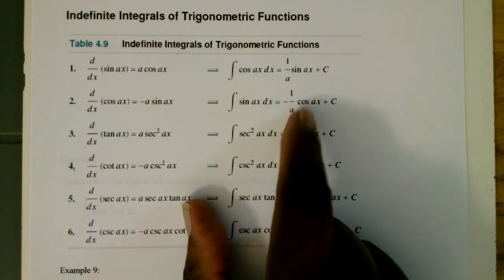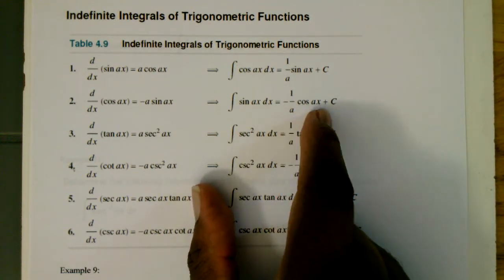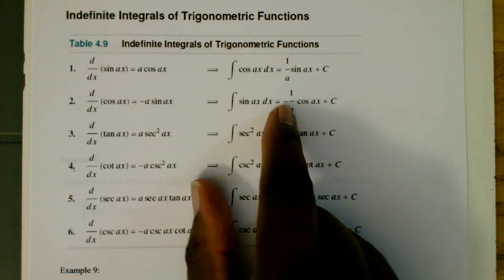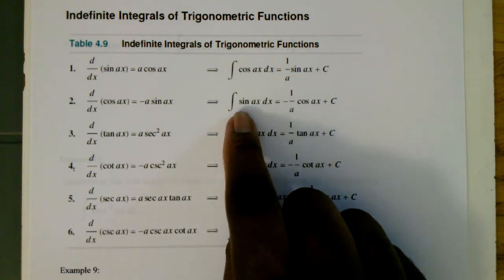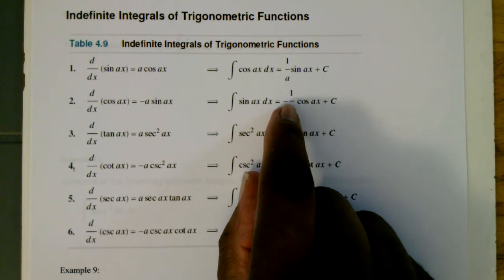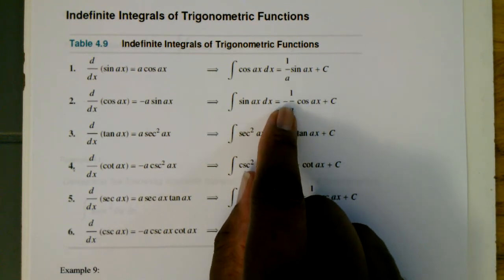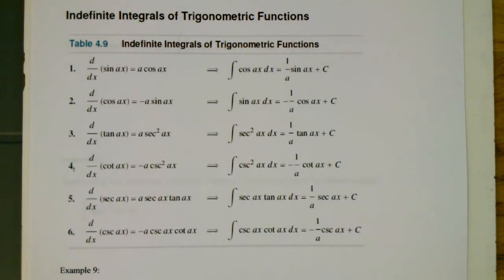That's because if you take the derivative of the cosine, it will be negative sine of ax, and then you've got the negative in front. So for the integral of the sine of ax dx, you don't want to leave that negative sign off. It'll be negative 1 over a cosine of ax plus c.